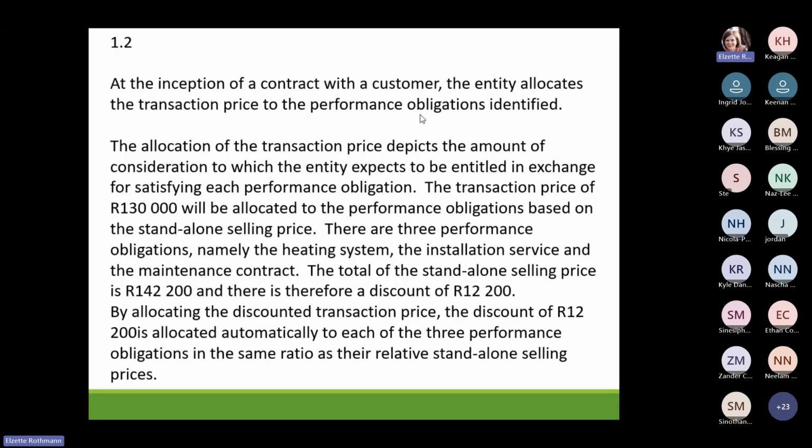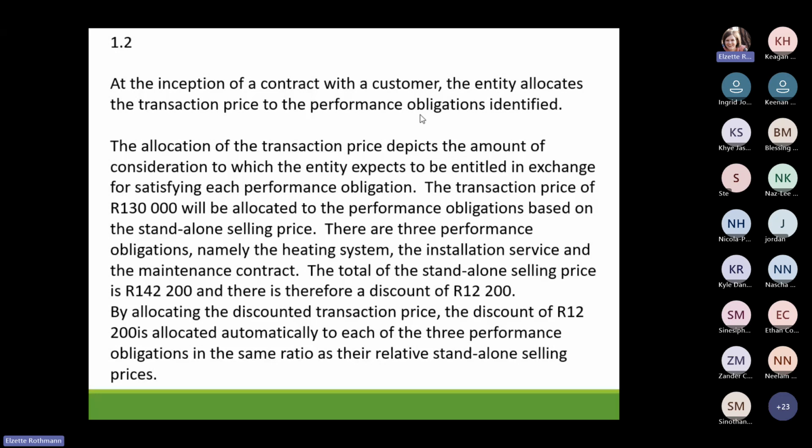Then the allocation of the transaction price depicts the amount of consideration to which the entity expects to be entitled in exchange for satisfying each performance obligation. Okay, so in other words, that's the money that they will receive for every obligation that they have to do or have to meet.